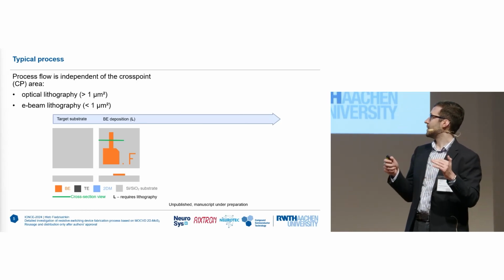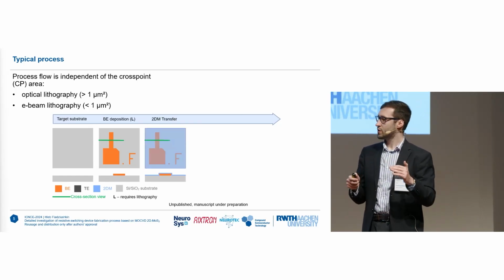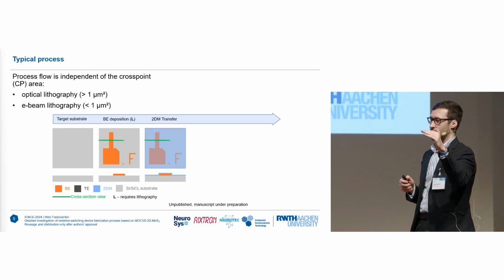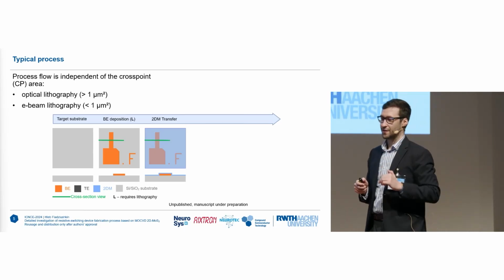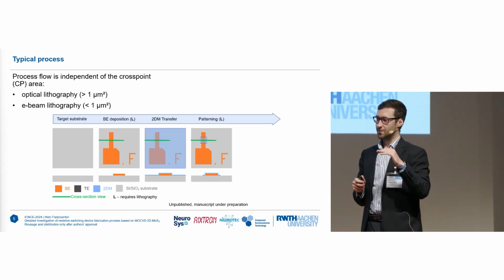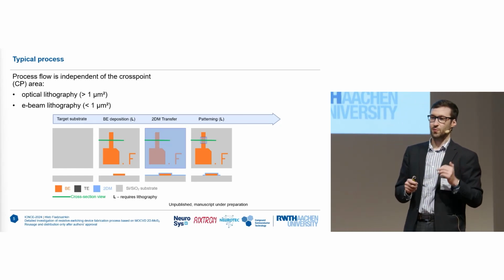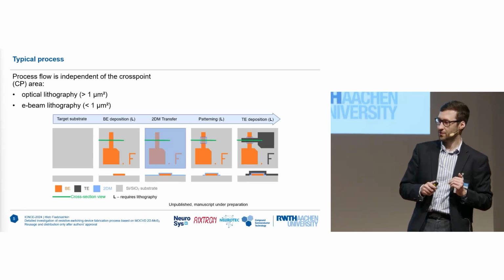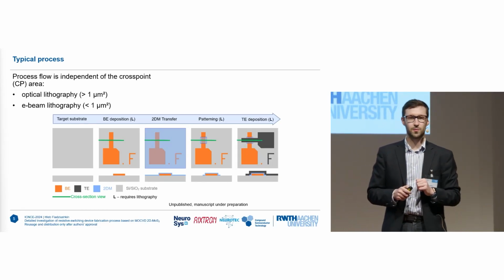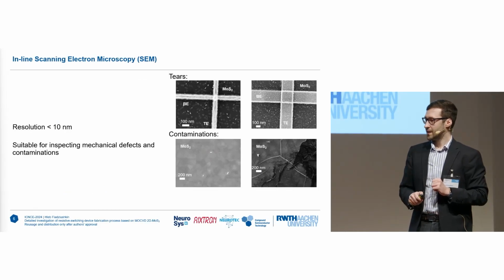We next continue by depositing the bottom electrodes, which is followed by the transfer of the 2D materials. As I said, we grow them on sapphire. The target substrate is different, so we have to mechanically take them and transfer them to the other substrate, which is then followed by the removal of the excess 2D material outside of the functional area, and finished by the top electrode deposition.